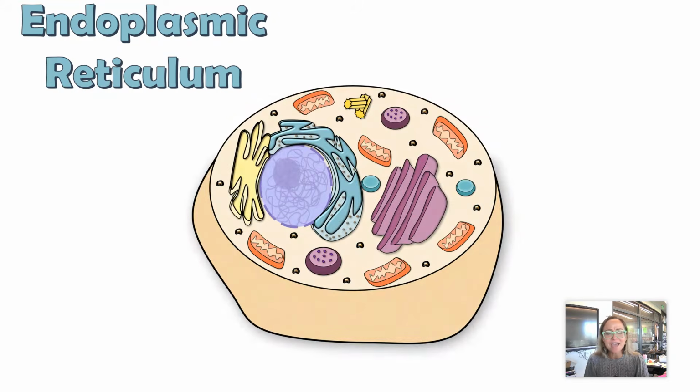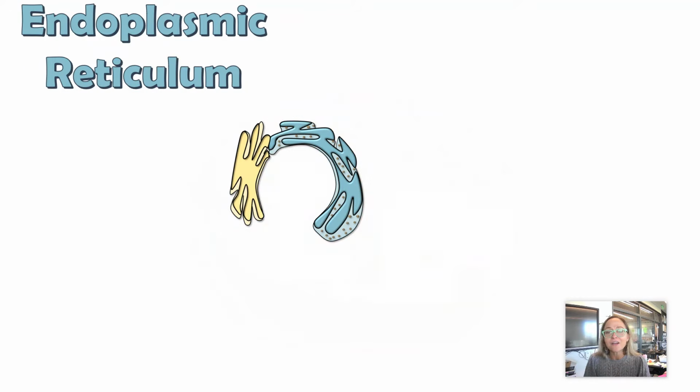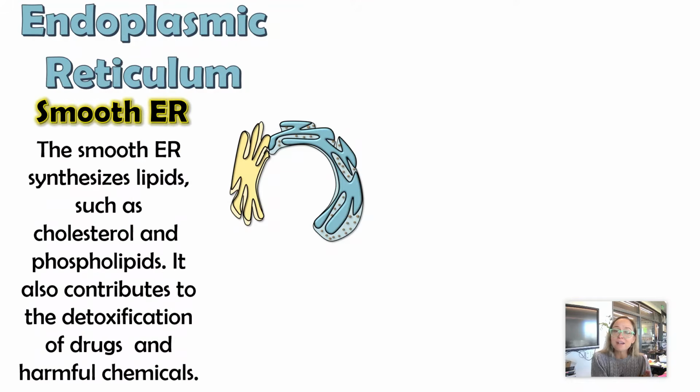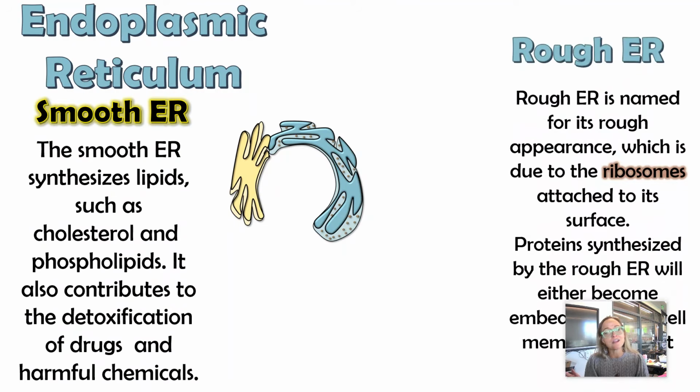When we look at my little cartoon drawing of this eukaryotic animal cell, the ER is located here. You have the nucleus in purple, the smooth ER in yellow, and the rough ER in blue. The smooth ER's job is to synthesize lipids, so we can think of triglycerides or cholesterol or phospholipids.